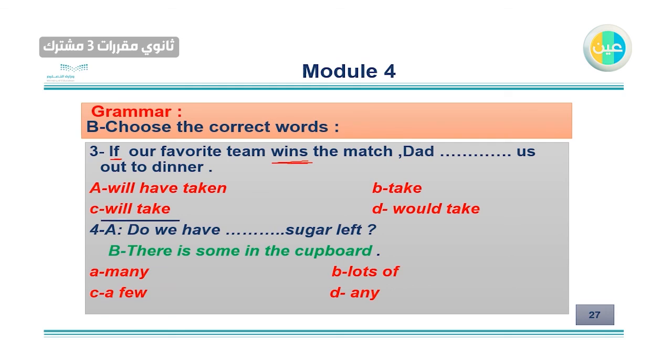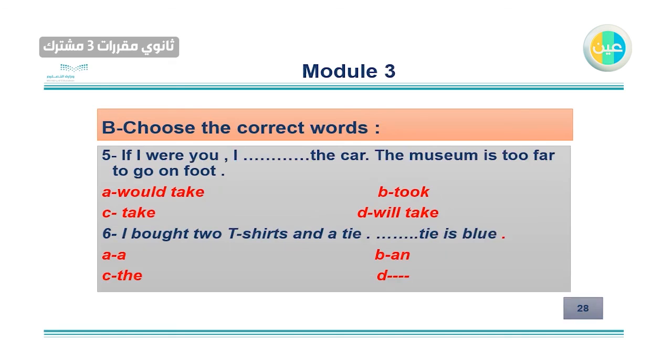Number 4, do we have sugar left? What do you think? Question, so any. Do you have any sugar left? If I were you, here you have if, but here you have the past. So I what? Would take, the past, yes.